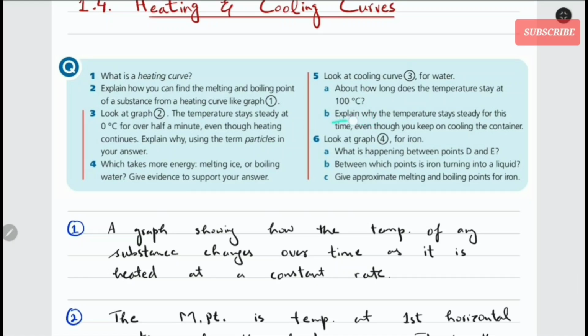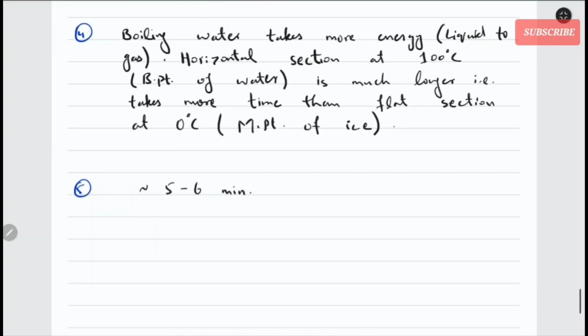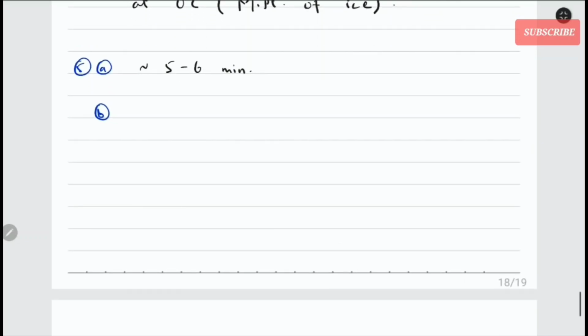Explain why the temperature stays steady for this time, even though you keep cooling the container. Okay, so it's almost the same reason in the reverse. Same logic in the reverse. Right? So this was 5A. Let's talk about 5B. Why the temperature remains the same, all right?